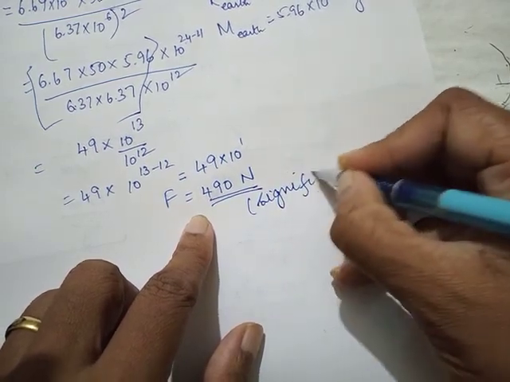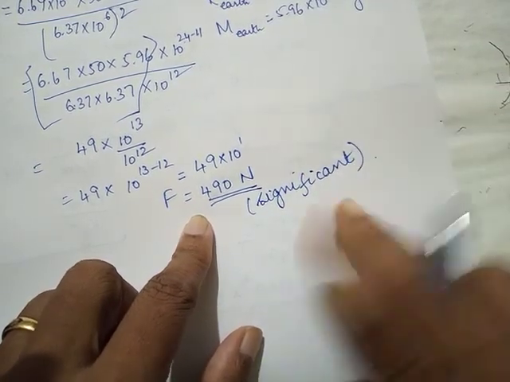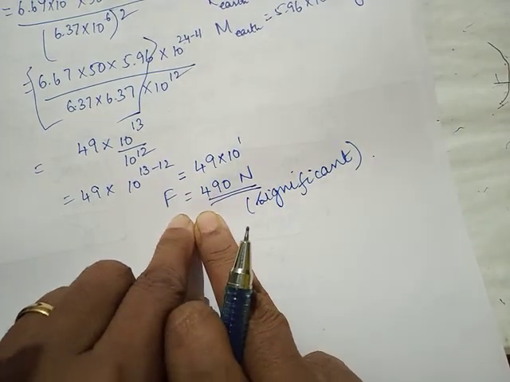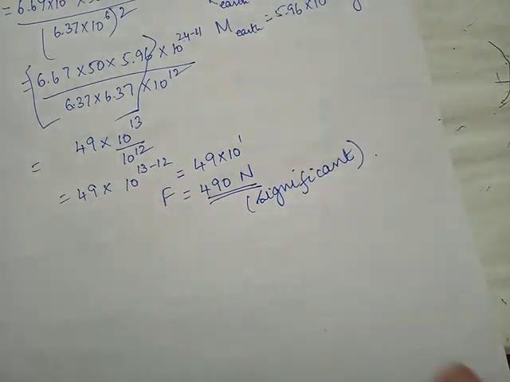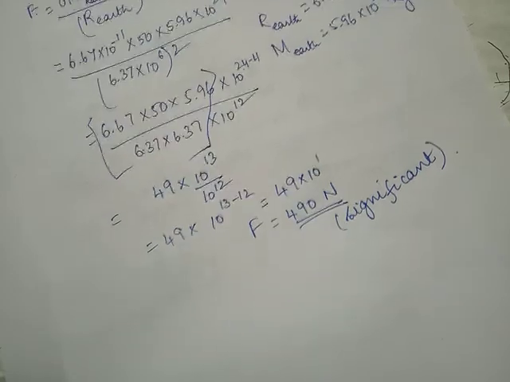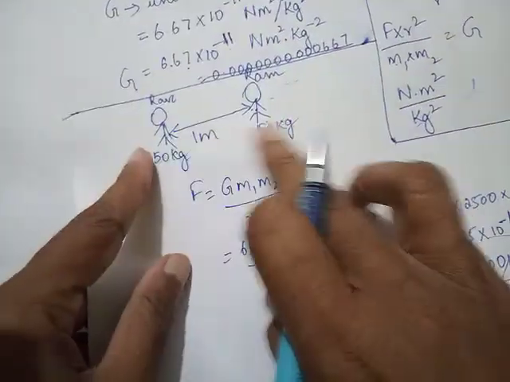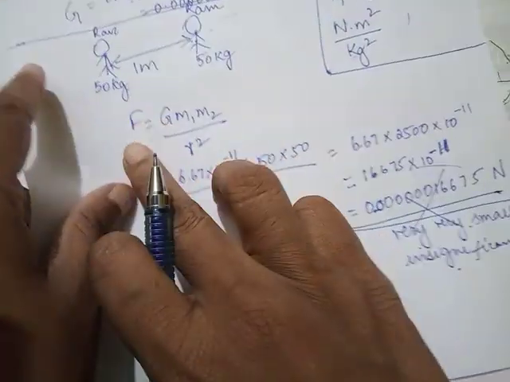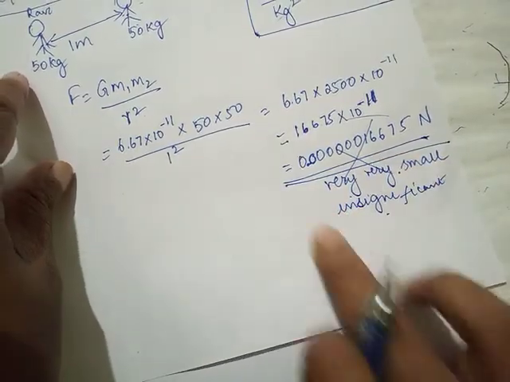It is quite a value. You can't just neglect it. So the conclusion is, children, if it is ordinary bodies, the force of attraction between them will be very, very small or insignificant.